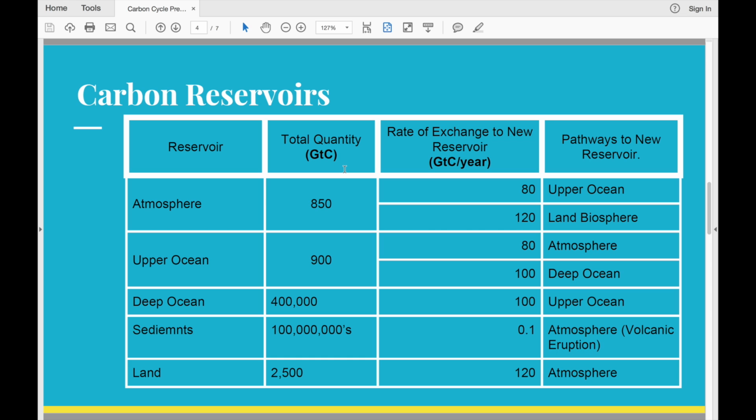In sediments is our largest amount of carbon, holding over 100 million gigatons, and it takes about 0.1 years for it to reach the atmosphere through volcanic eruption. And on land, there is about 2,500 gigatons of carbon at an exchange rate of 120 years to reach the atmosphere.